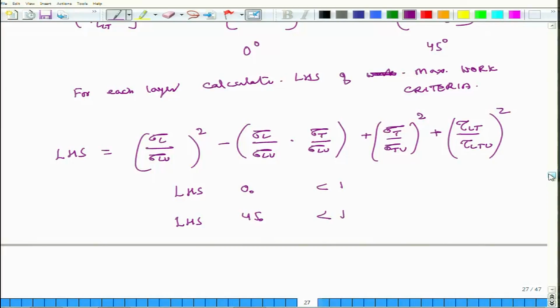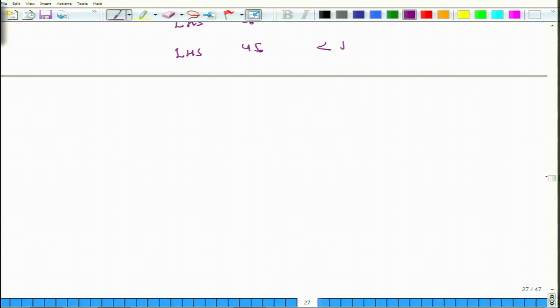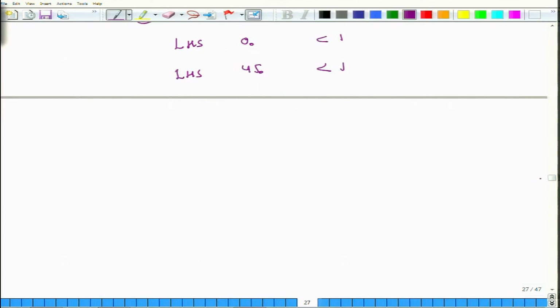So, LHS is quadratically related to changes in N and M's. If you increase the value of N by a factor of X, LHS goes up by a factor of X square. This is something important to understand. So, in this way we can calculate which layer fails first.